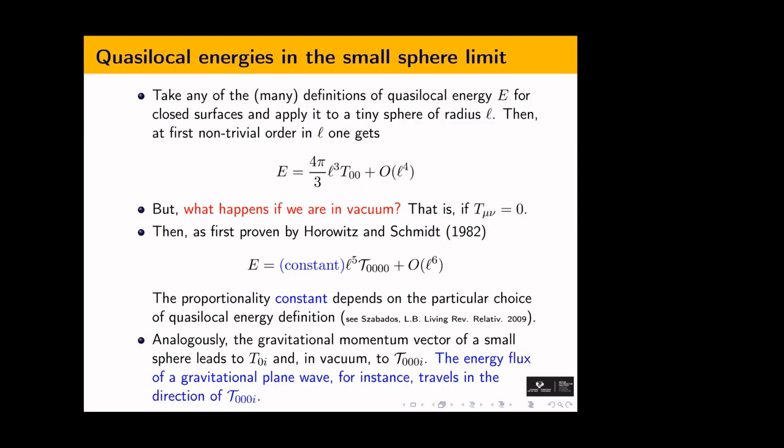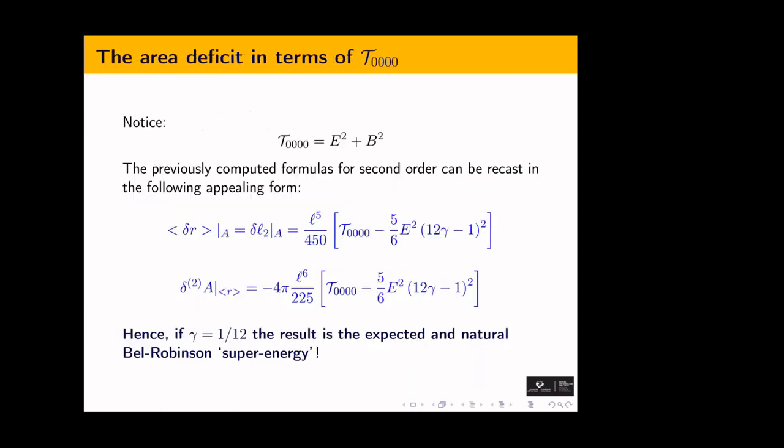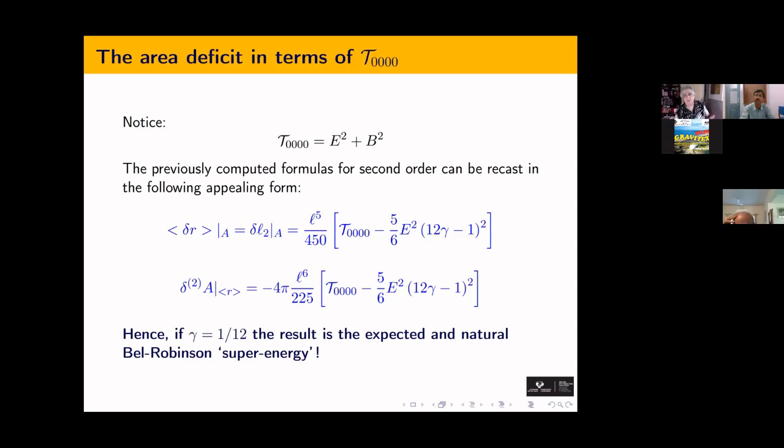Now, analogously, if you compute the gravitational momentum vector for a small sphere, this in non-vacuum leads to the T0I component of the energy momentum tensor, but if you are in vacuum, you get the T000I component of the Robinson tensor. Okay, so what is the totally time-like component of the Robinson tensor in terms of the electromagnetic part? It's E squared plus B squared. So the previously computed formulas that I showed you can be rewritten using this notation now, like that.